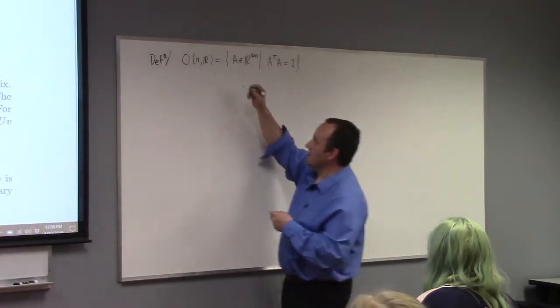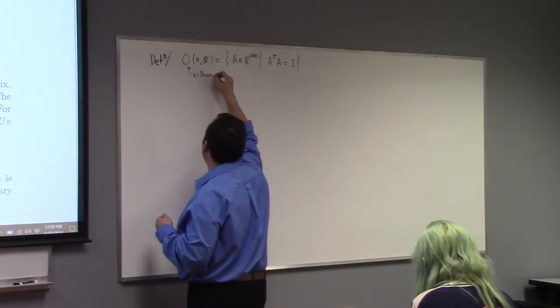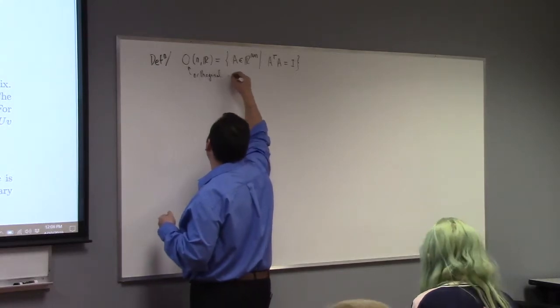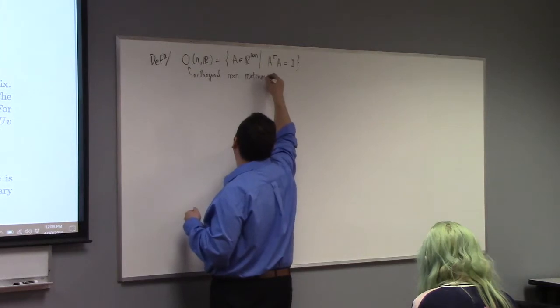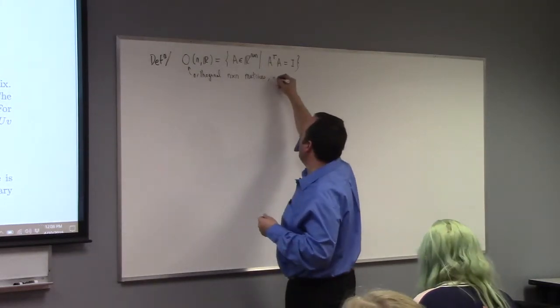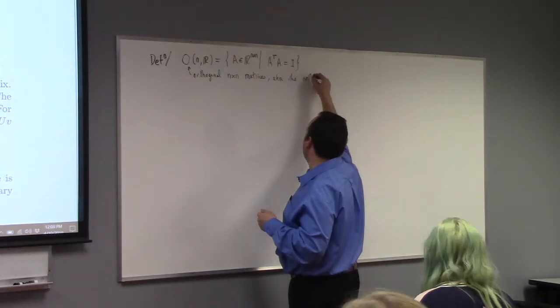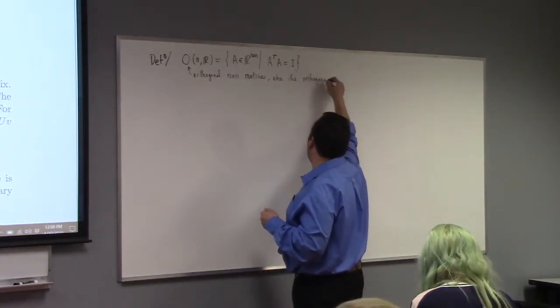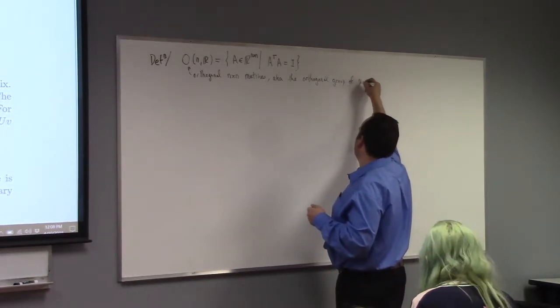This is for orthogonal. So this is the set of orthogonal n by n matrices, also known as the orthogonal group of n by n real matrices.